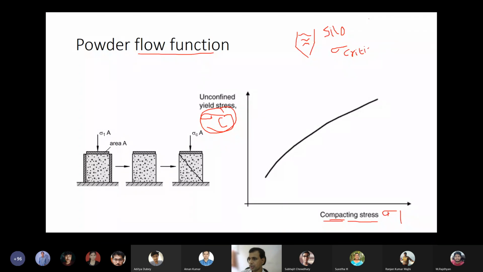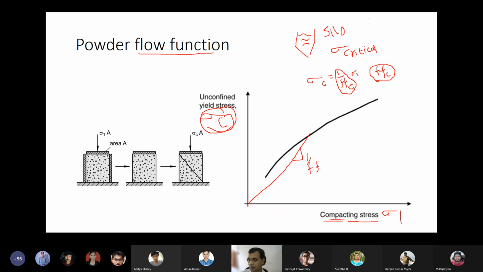How do you find out sigma critical? If I know the FFC value, later I will explain how to estimate this FFC value. Sigma c equals 1 over FFC into sigma 1. So this is the line equation, starting from the origin, simply y equal to mx. We'll draw a straight line having the slope of 1 over FFC.